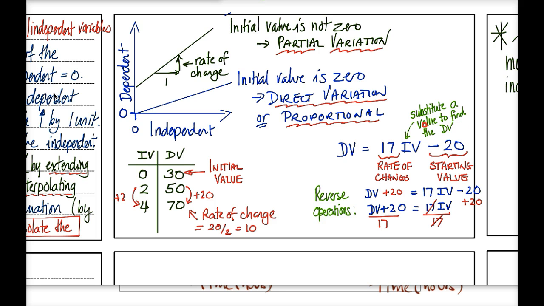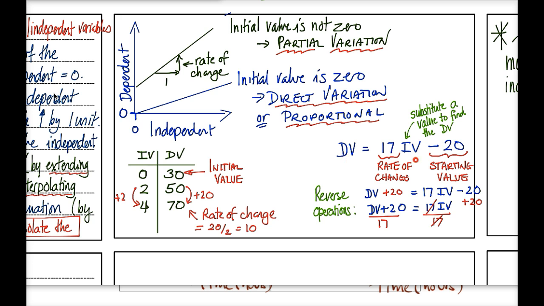From an equation, we've got an equation here, and we're going to come back to this example in a later video, but for now, we always have the dependent variable, which is usually just a single letter. I've used dv here to represent dependent variable, but normally we just have one letter here.